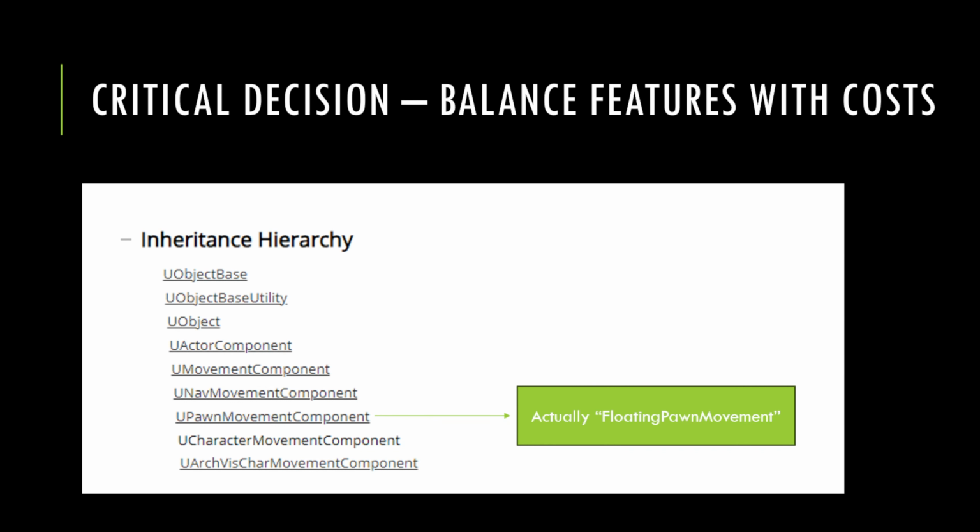It has the floating pawn movement as a child that you can attach to your pawns, and it basically gives you no gravity, but it does allow you to move around on a nav mesh by issuing commands to the AI to move to a location, and it will path its way around obstacles, use the nav mesh, deal with any elevation changes on the nav mesh, etc. So the answer for us was to use the floating pawn movement as our movement component in the class.